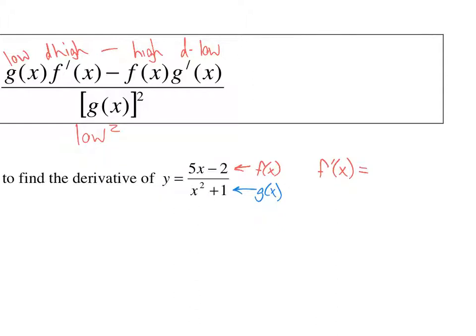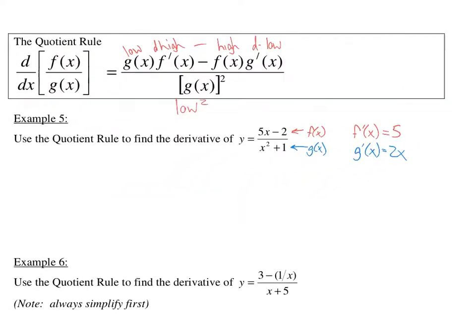What's the derivative of 5x minus 2? Yeah, just 5. And the derivative of x squared plus 1? Yeah, 2x. So g prime of x equals 2x. Okay, not too bad. So then we have to use our formula.